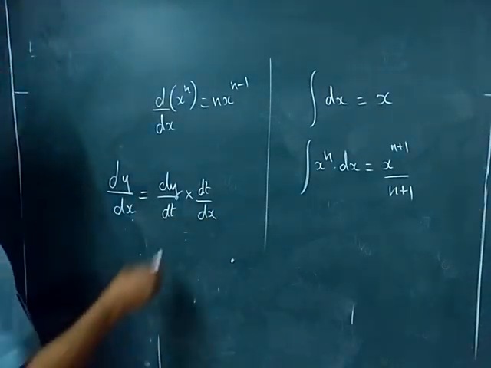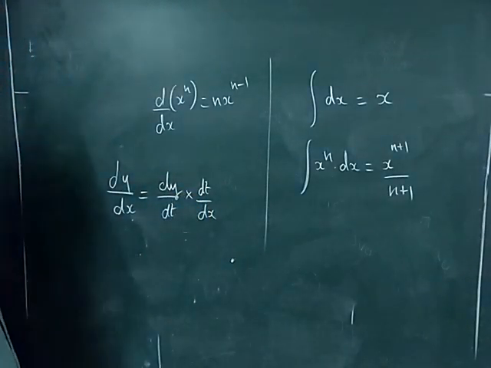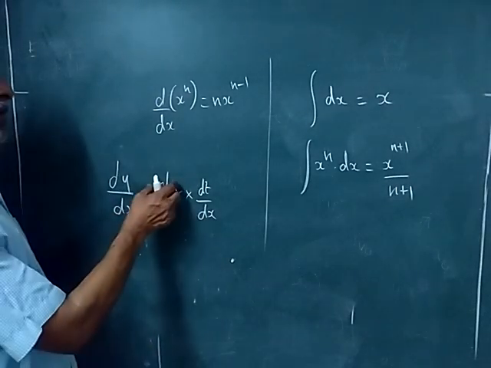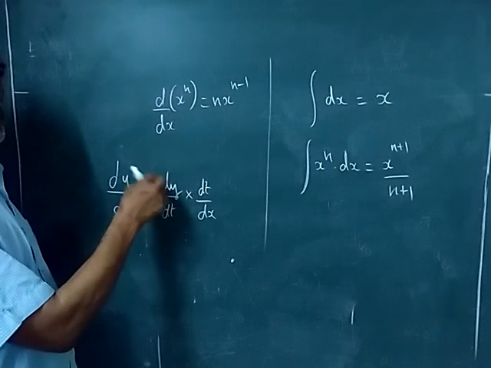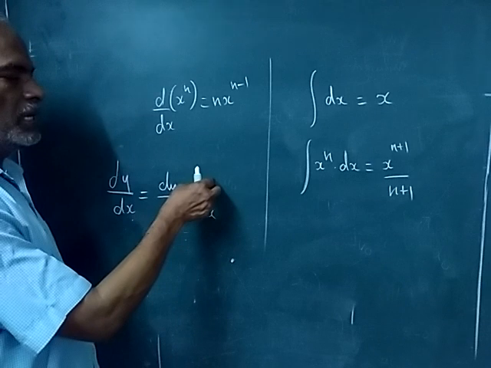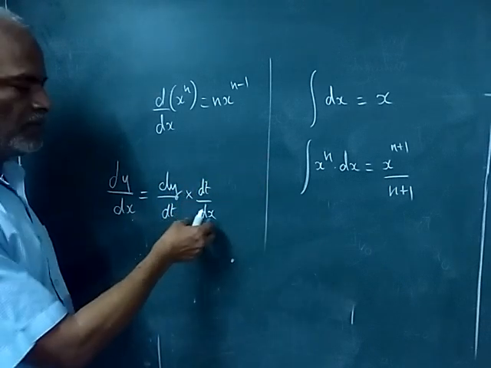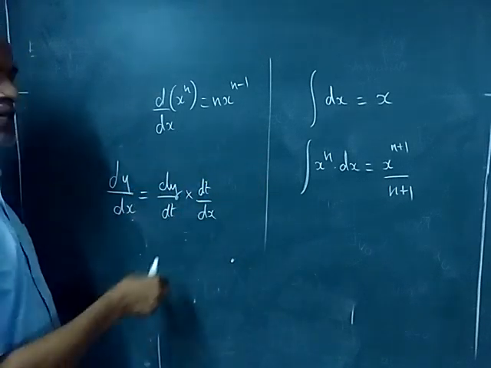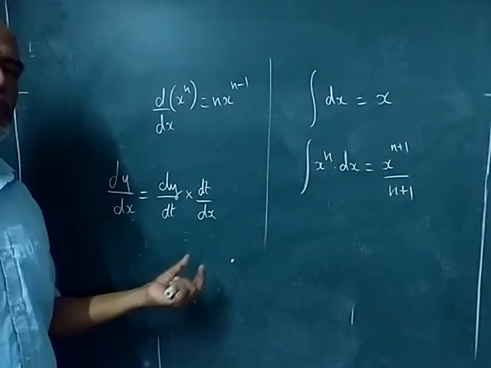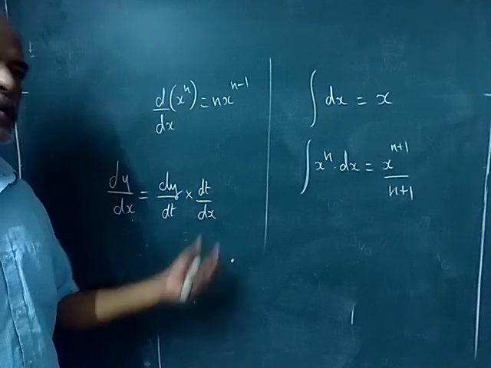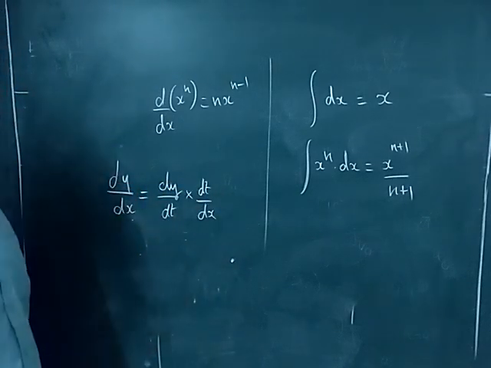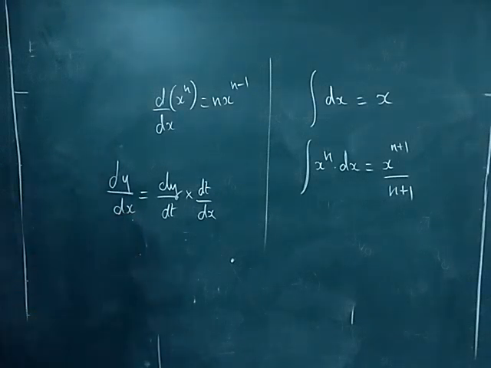Chain rule, that is this dt and dt get cancelled and finally you will get dy by dx. y will be a function in terms of t. Similarly t will be in terms of x. Therefore, you can differentiate y with respect to t, and we can differentiate t with respect to x. And when you multiply these two terms, naturally you will get dy by dx. So we have made use of this formula.